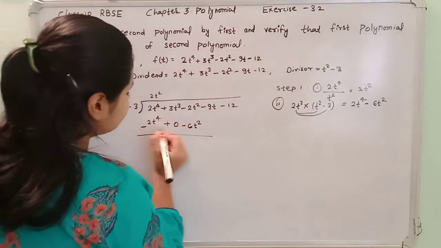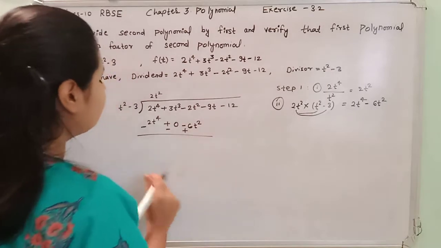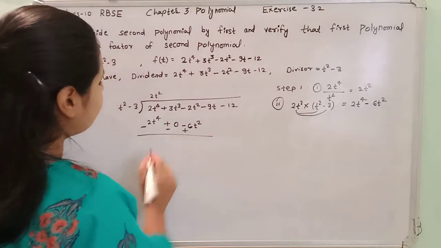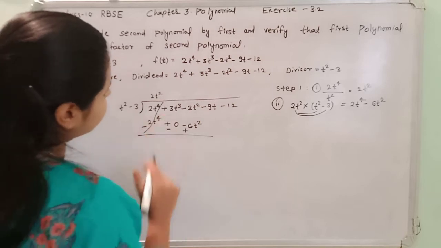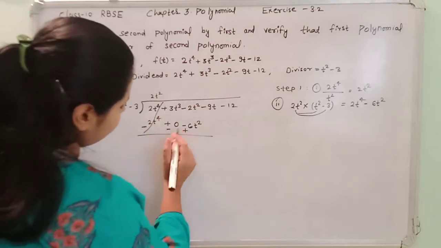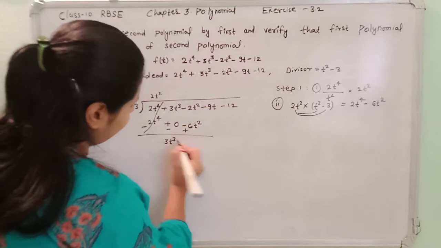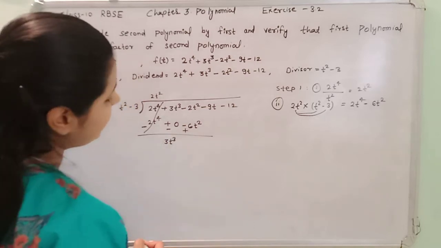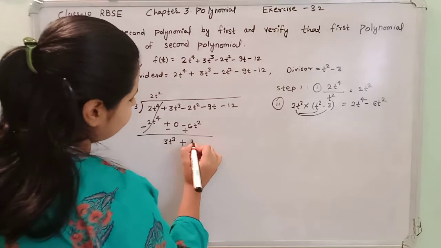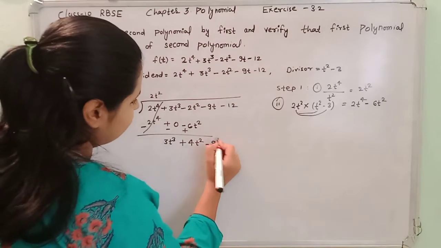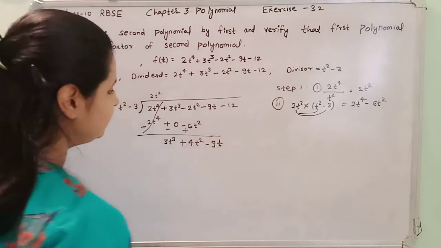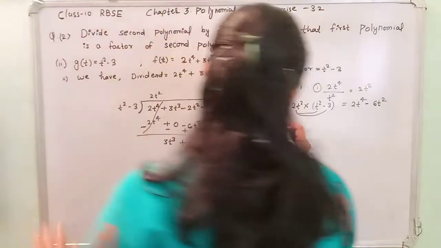So this will be minus, minus, plus. Fine. So 2t raised to the power 4 can be cancelled by minus 2t raised to the power 4. Now 3t cube minus 0, so we will get 3t cube. Now minus 2t square plus 6t square, so positive 4t square. Now this term minus 90.